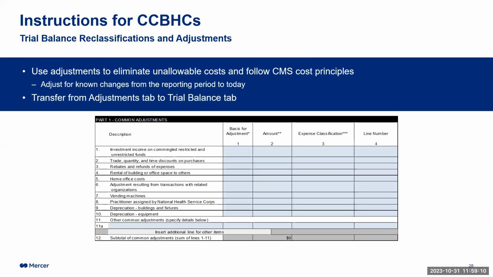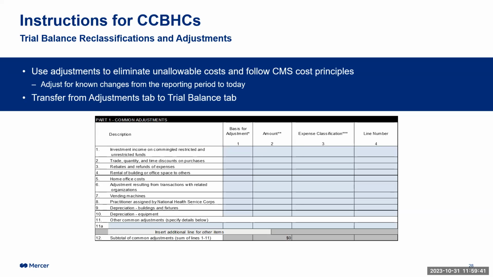Then again, as we had mentioned, the adjustments tab is to eliminate unallowable costs following CMS cost principles. So there are specific categories on this tab. You could see the top one, investment income on commingled or restricted and unrestricted funds.